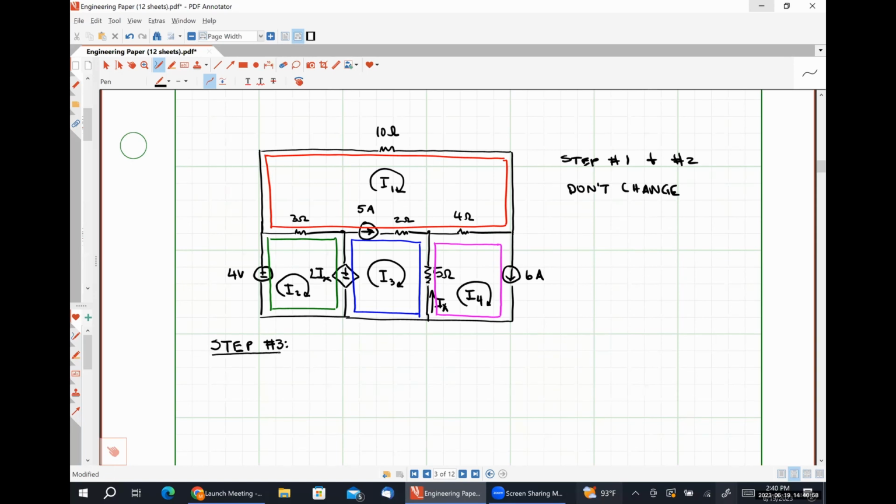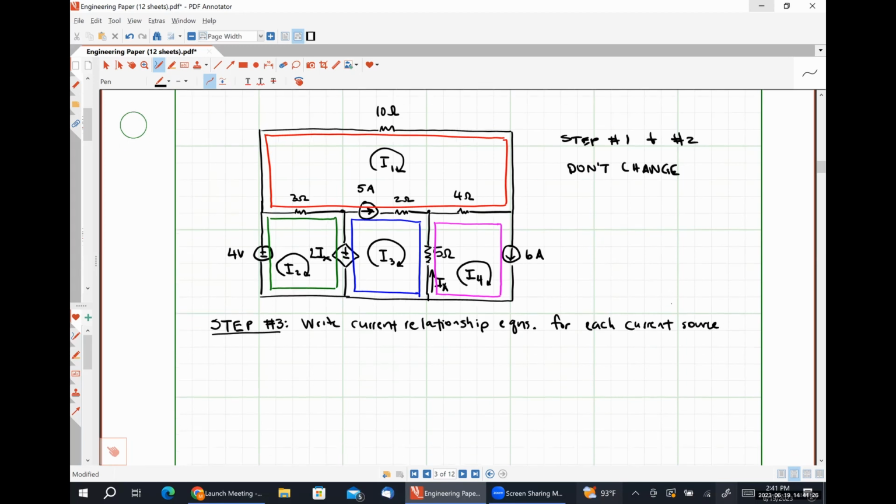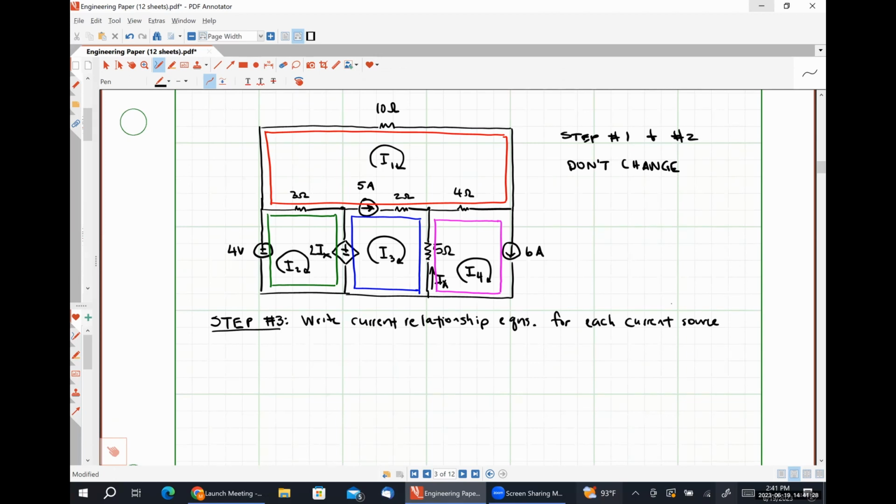We are going to write current relationship equations for each current source. So there are 2 current sources in our circuit. So that means we're going to come up with 2 of our equations right here.